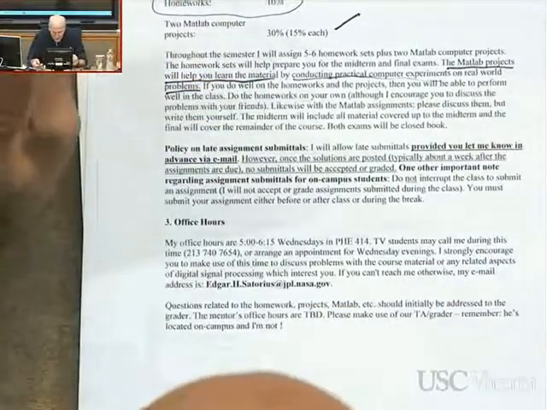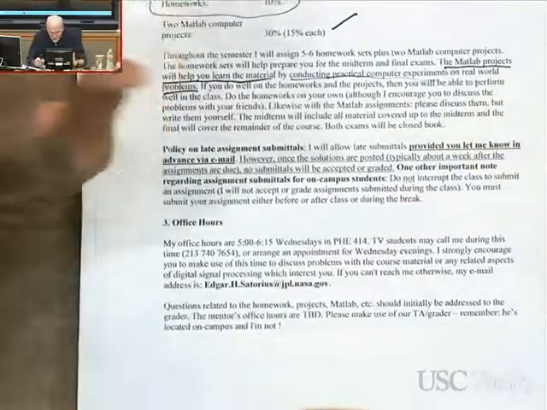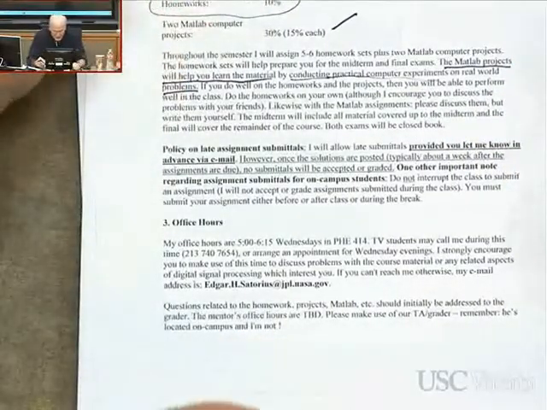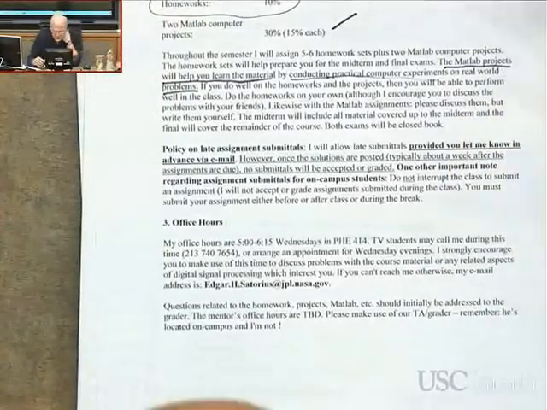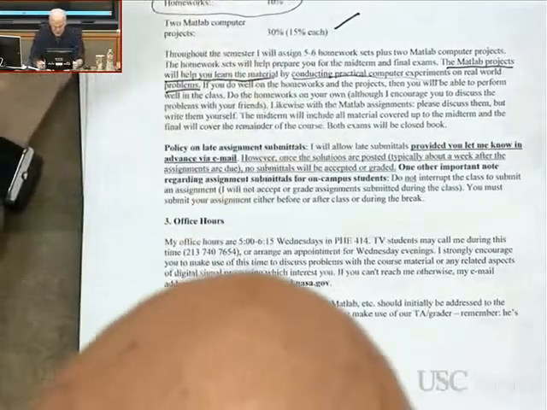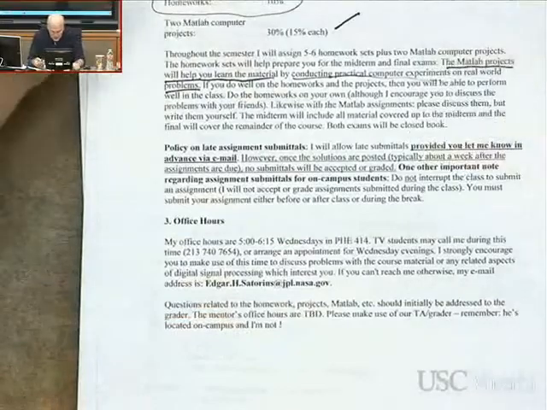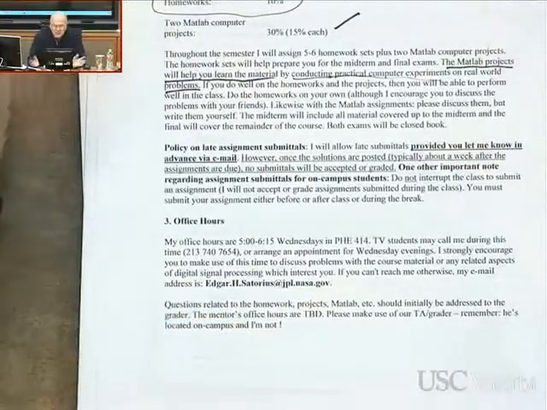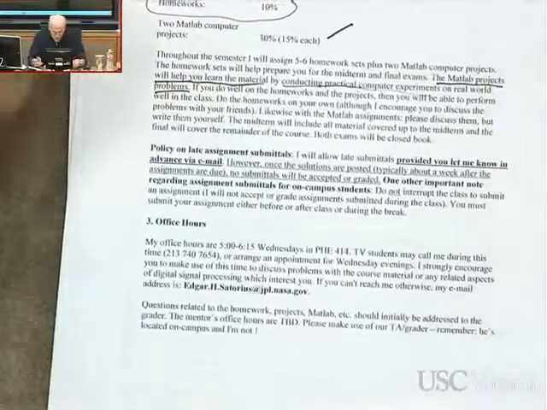Now, the other caveat is I typically post solutions about a week after the assignments are due. Also, there's another thing too. Before the midterms, if I have a homework due the week before that, I will even post solutions earlier so that students can study the solutions for the midterm or for the final.